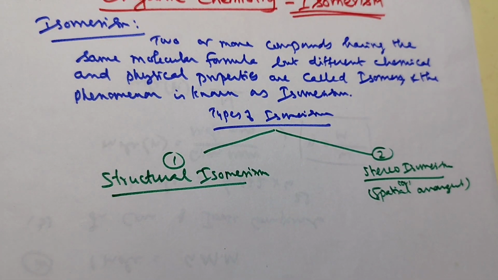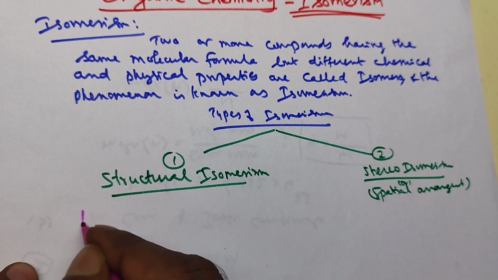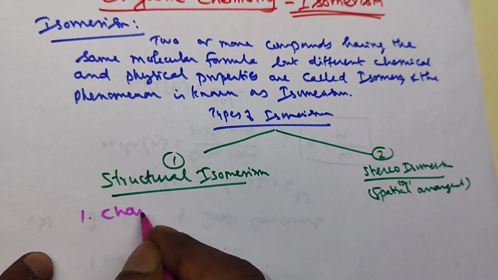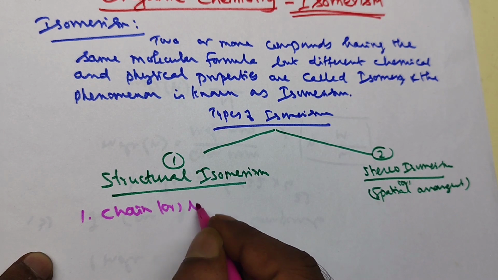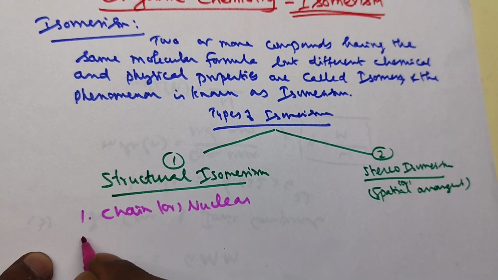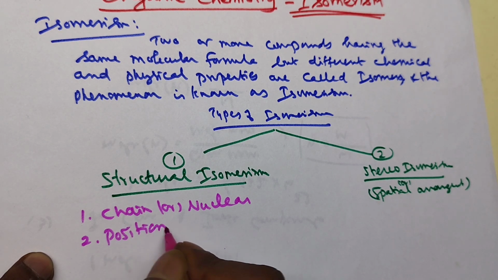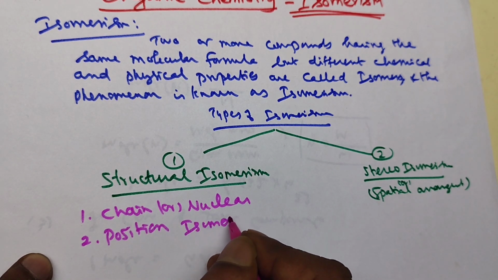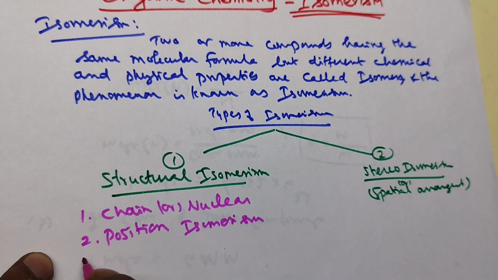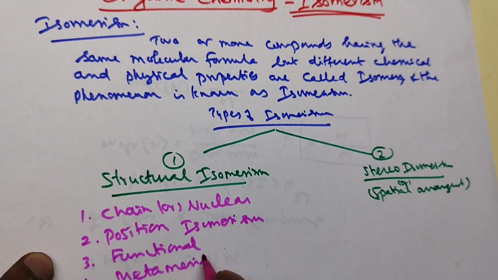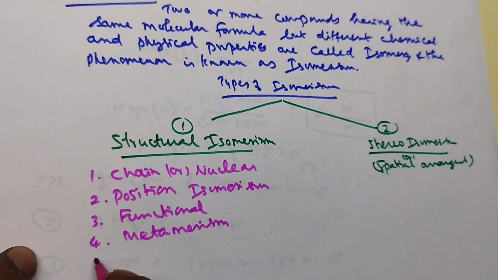In structural isomerism: one, chain isomerism, or nuclear isomerism; second, position isomerism; third, functional isomerism; fourth, metamerism; fifth, tautomerism.